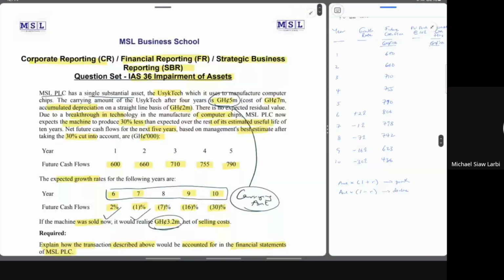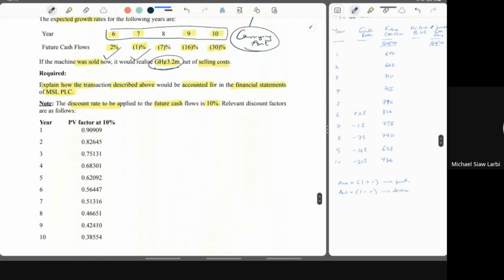If you look here, the question also gives us the discount factors at 10%, because the question says the rate is 10% for discounting.